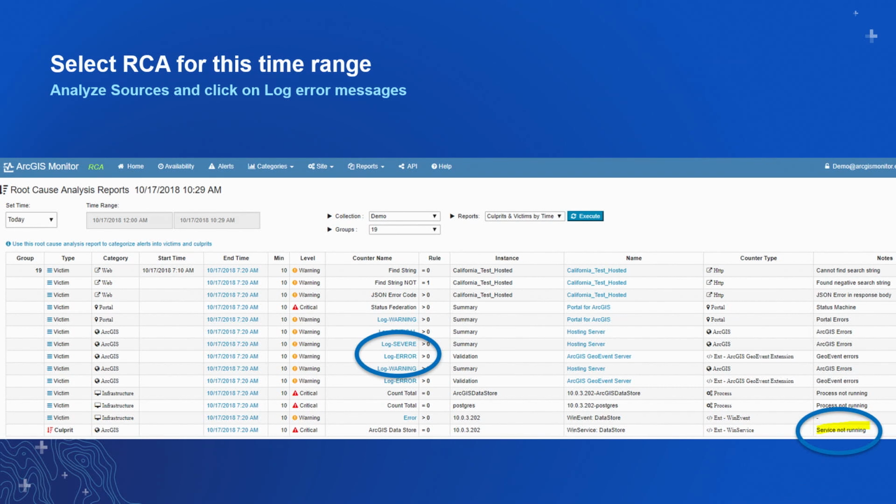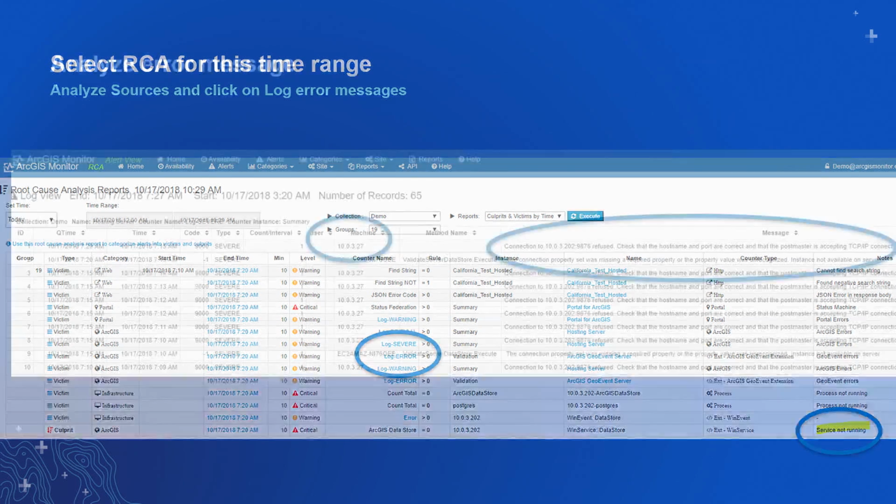And then, over here it says service is not running. There's the word ArcGIS Data Store. So even if you're a novice user, you should know that one of these components is ArcGIS Data Store. And that's our way of saying your Windows service ArcGIS Data Store is not running. Therefore, that might be the root cause. And you see this is the culprit and source and victim.